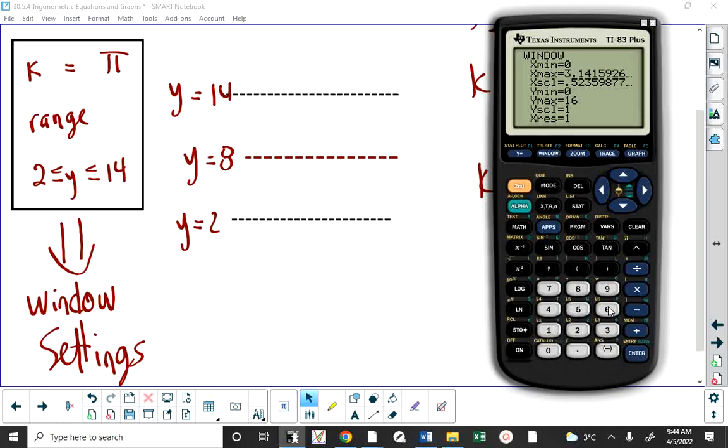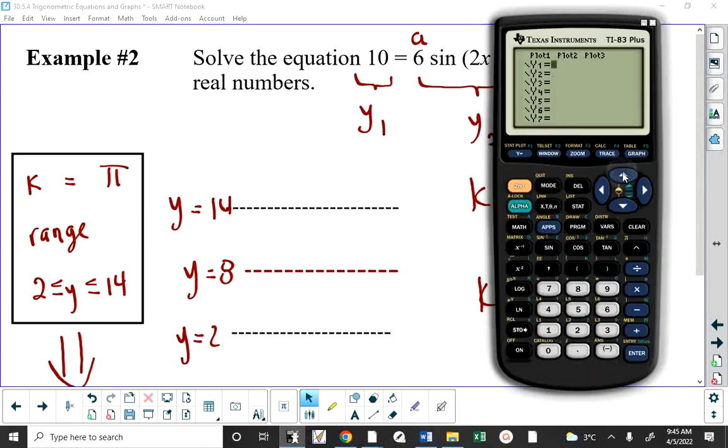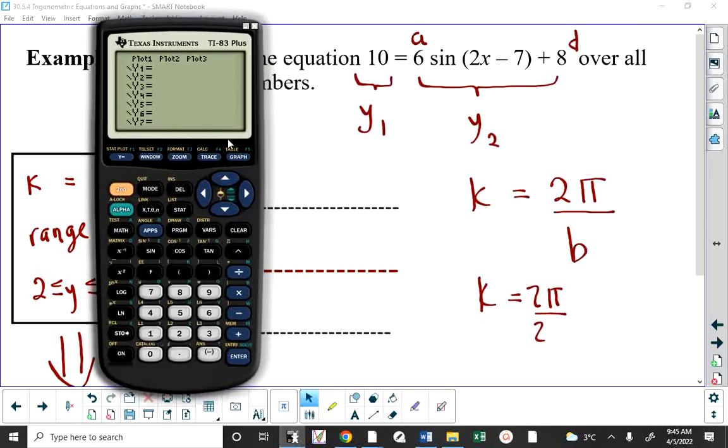I'm going to go 0 to 16 with a tick every 2. And we enter the function. Well, we enter both functions, right? We have to enter y equals 10, and we have to enter y equals 6 sine(2x minus pi) plus 8.